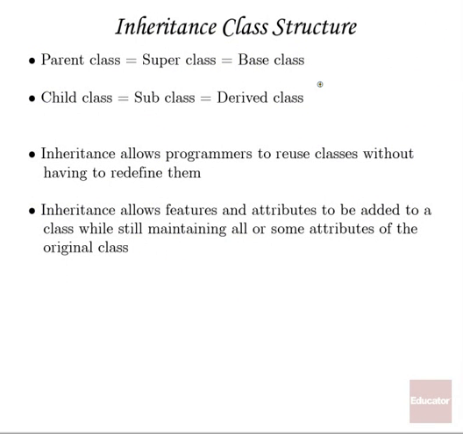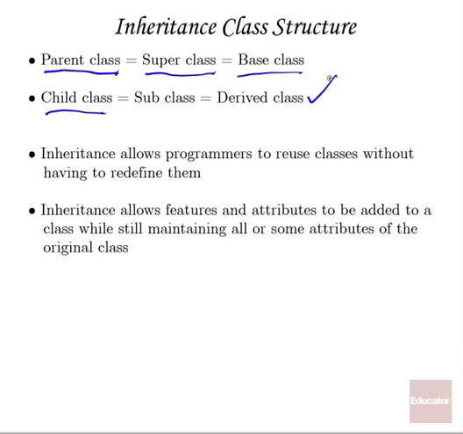All right, now let's talk about the class structure. The superclass is often referred to as the parent class or sometimes the base class. And then if a class is extended from that superclass, that class can be referred to as the child class, the subclass, or sometimes the derived class.